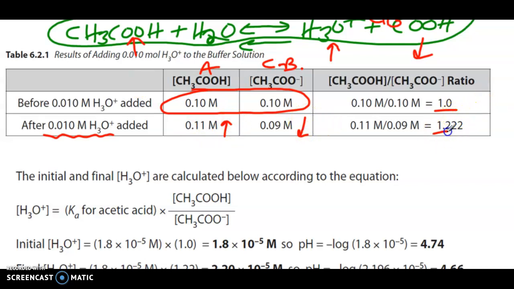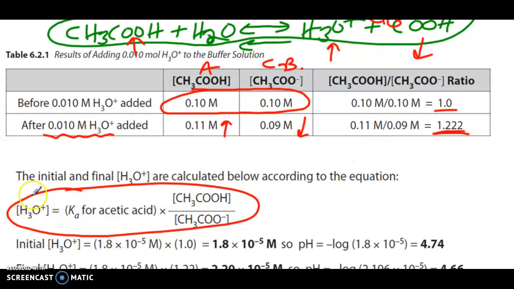What happens as a result is the ratio is now no longer 1. It's always product over reactant for our K value, but remember that we're rearranging that to solve for our hydronium. So the ratio is your acid over the conjugate base.